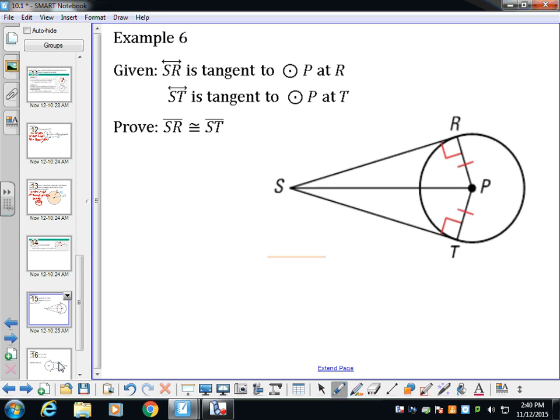SR is tangent to circle P at R, and ST is tangent to circle P at T. I know that PT and PR are both congruent because they're both radii. They both form right angles, and they both share this side SP. So if I did the Pythagorean theorem on both triangles, then that would clearly show that SR and ST have to be the same measure.